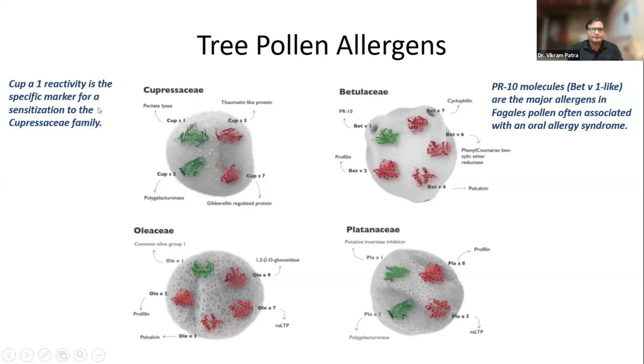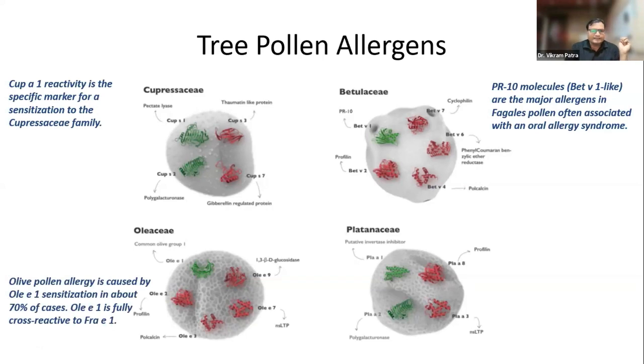Cup a 1 reactivity is the specific marker for sensitization to the Cupressaceae family, the cedar family, and even Cup s 2 also. From the Oleaceae, olive pollen allergy is caused by Ole e 1 sensitization in about 70% of cases. Ole e 1 is fully cross-reactive to Fra e 1, so they are from the same order or the same family.